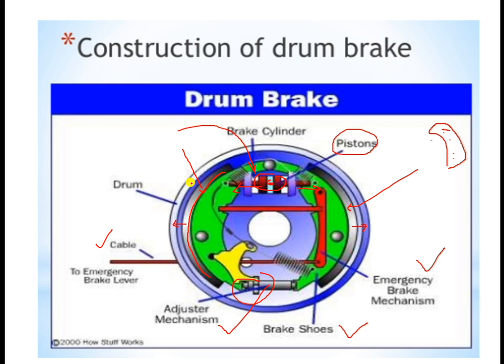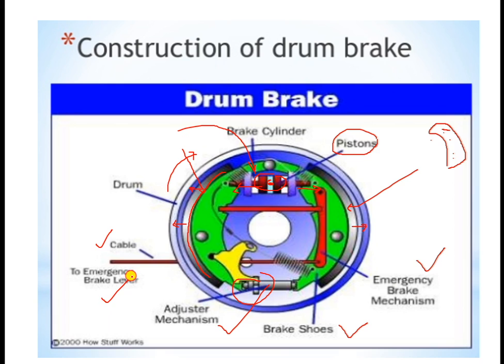So it rubs against the drum, and whenever the drum is rotating in this direction, it is stopped by this rubbing. The braking action initiates, so that the rotation of the drum can be stopped.